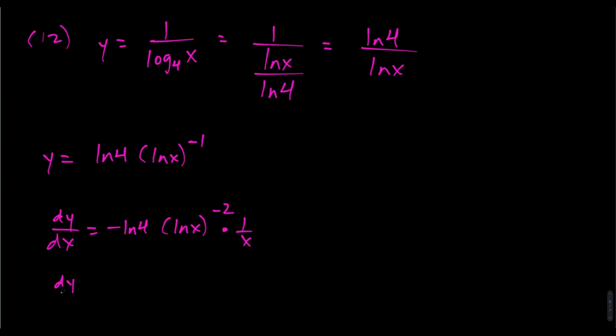So what we have here is dy dx is equal to, in our numerator, negative natural log 4 over, and then we'll have x times natural log of x squared. Be mindful here that I can't just write the 2 next to the x, that the entire quantity ln x is being squared. And this is going to be our answer here to question 12. So for question 13, we'll take a look at y equals x to the 1 minus e.